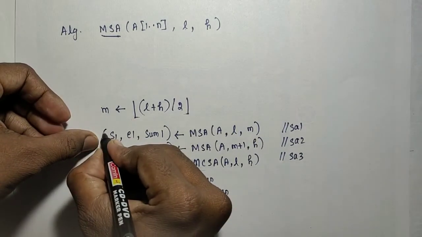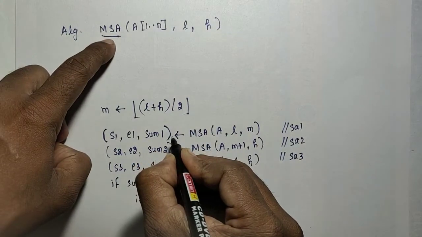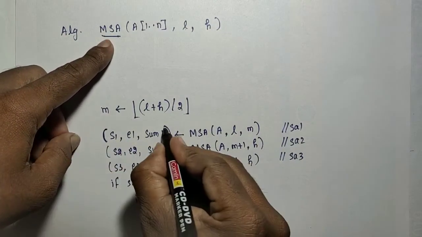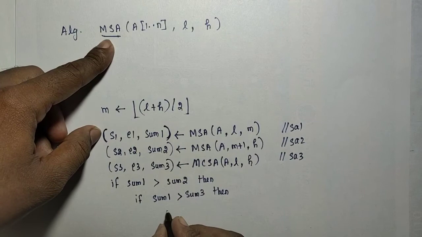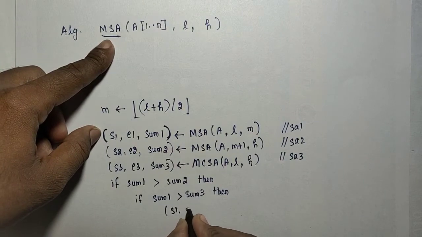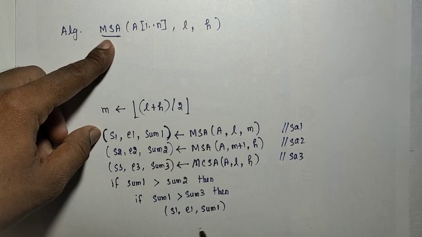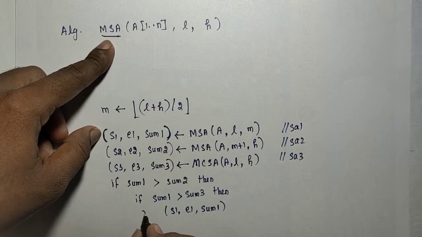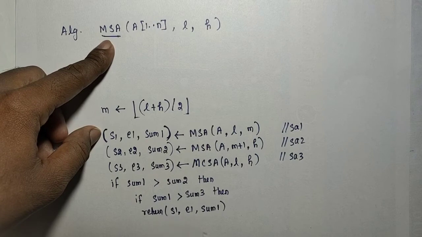This algorithm needs to return a subarray. It means we need to return the entire subarray, that is, S1, E1, sum 1 have to be returned.